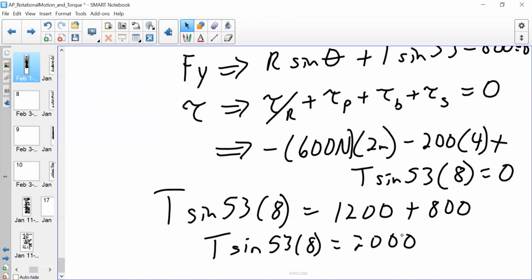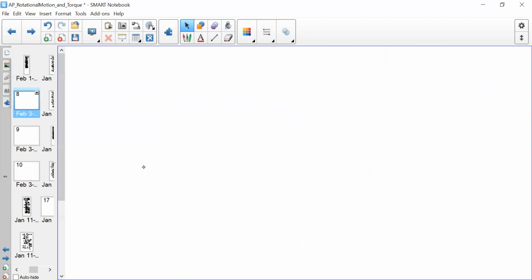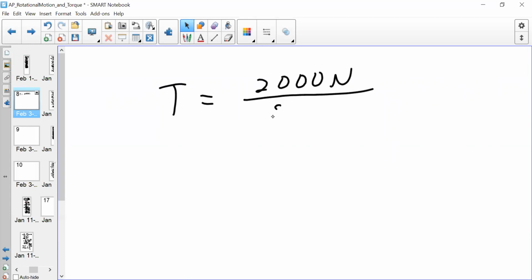And you can see it there in your example, but I'm just probably putting a couple other nuggets in there. So it's going to be 2000 newtons.